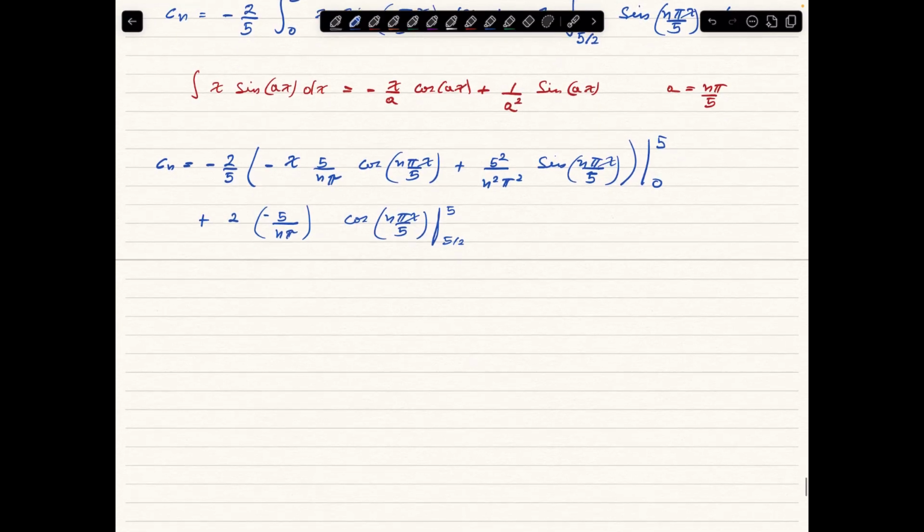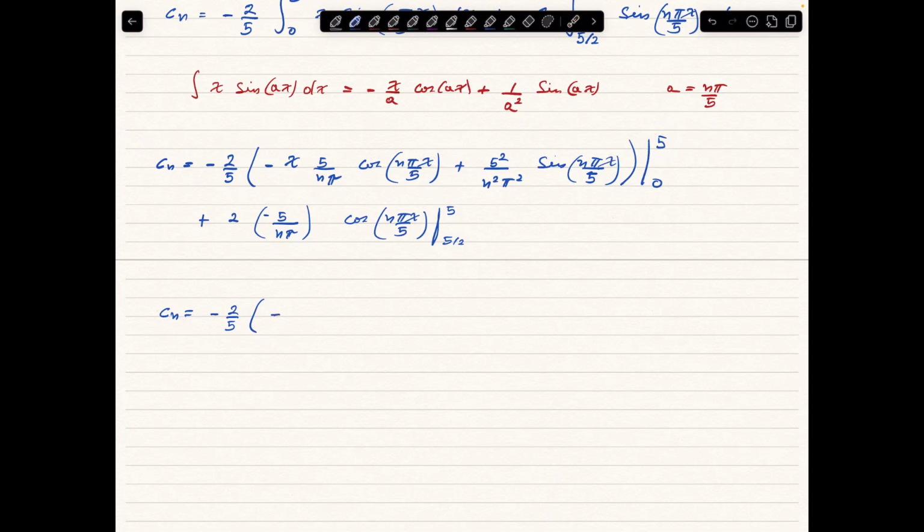All right. Almost there. So we still have a negative 2/5. We keep it outside of the first term. What happens when we evaluate at 5? Well, we are going to have a 5 here, a 5 here, and a 5 there.